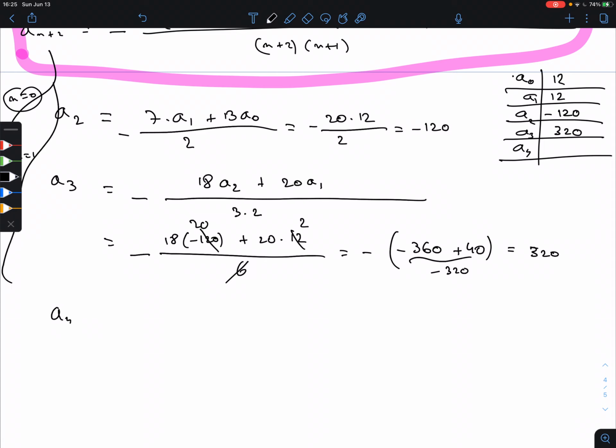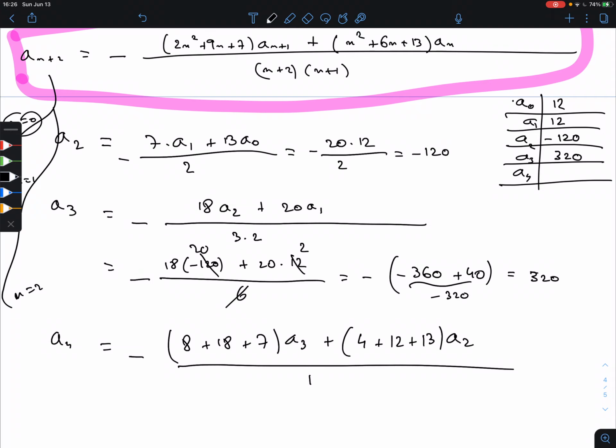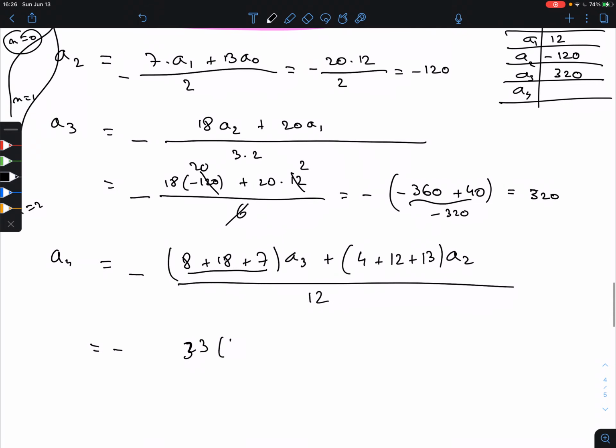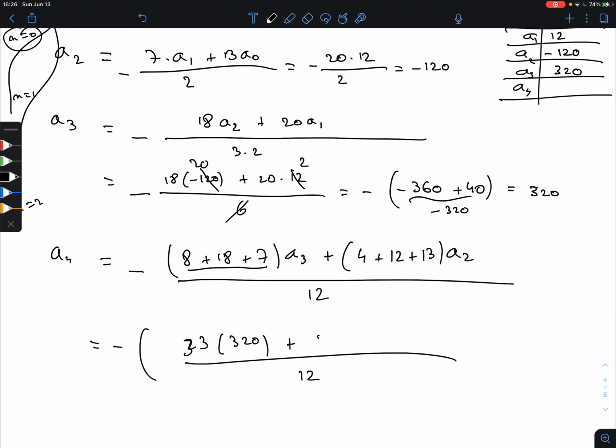A4, that's n equals 2. The numbers get a bit big here, but that's okay. We have minus 33 times A3, which was 320, plus 29 times A2, which was minus 120, and everything divided by 12.